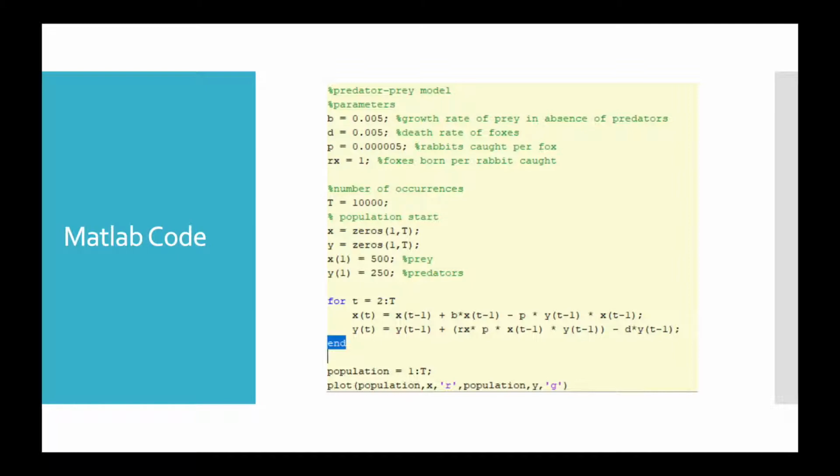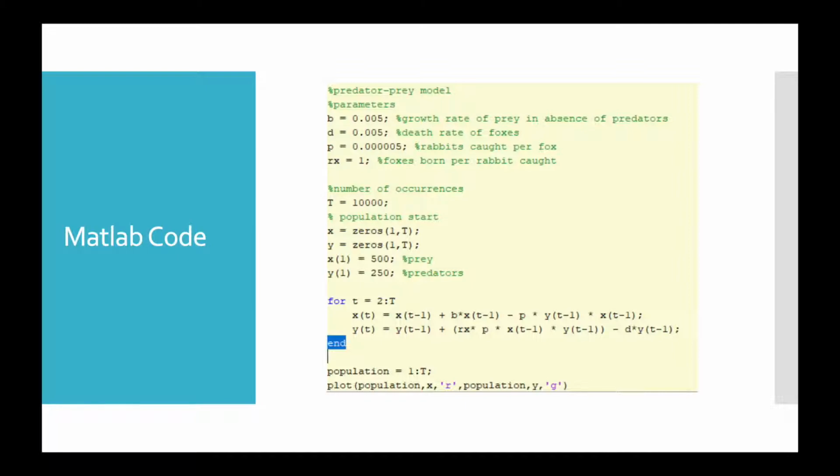So for the first one, x of t for the prey population equals the population of the previous time plus the growth rate of the prey in absence of predators times the population in the previous time minus the rabbits caught per fox times the population of the predators at the previous time times the population of the prey of that previous time.